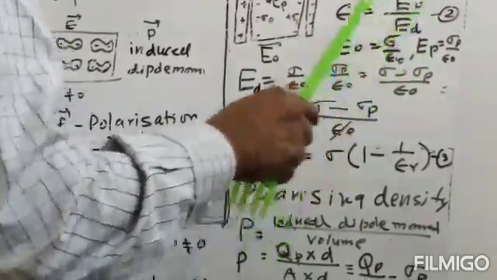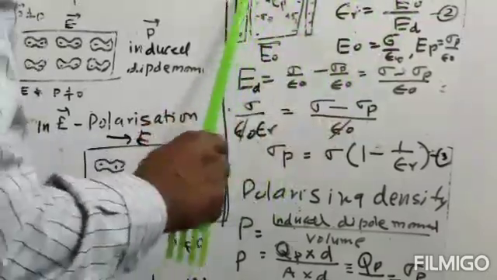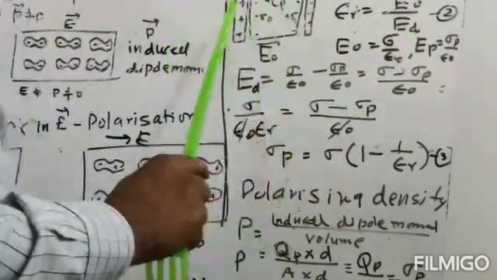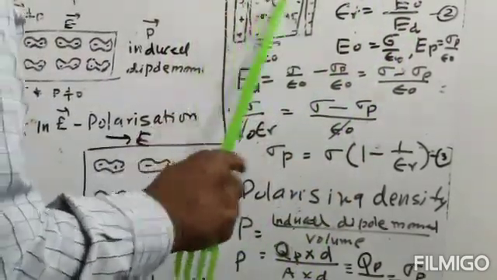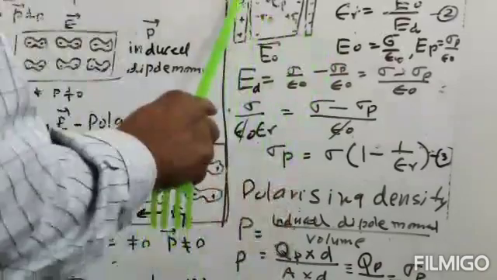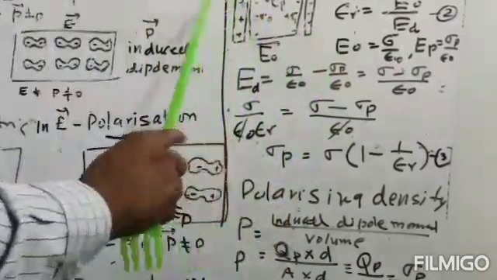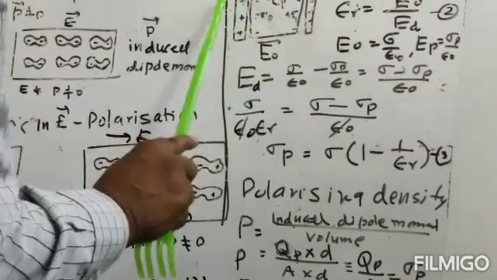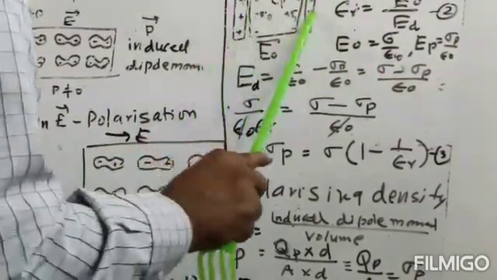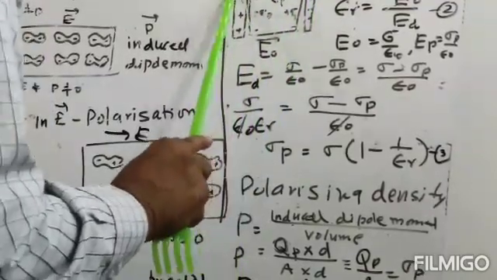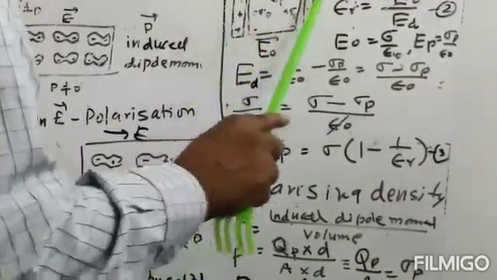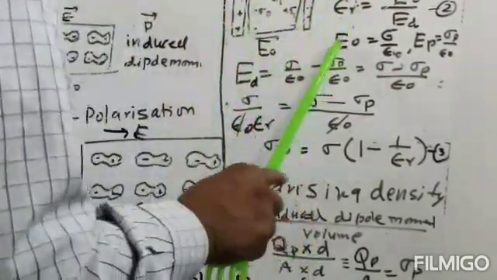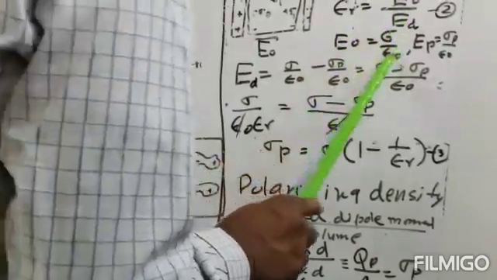E0 is the electric field when air is the medium between these two plates, and ED is when the dielectric is placed here. So what will be the value of E0? E0 will be equal to sigma by epsilon 0. Sigma is the charge density, plus charge density on this plate and minus charge density on the other. So it is plus sigma by epsilon 0 minus sigma by epsilon 0. So the electric field E0 will be equal to sigma by epsilon 0.